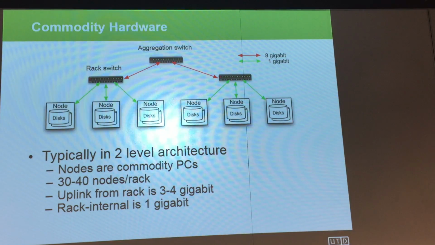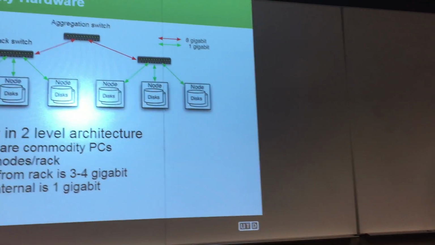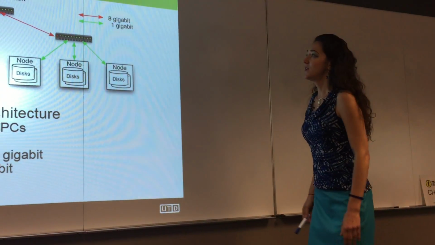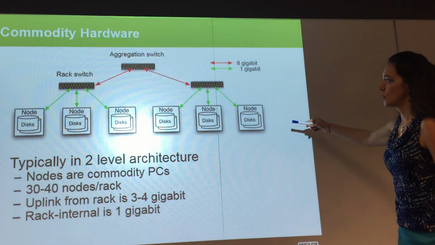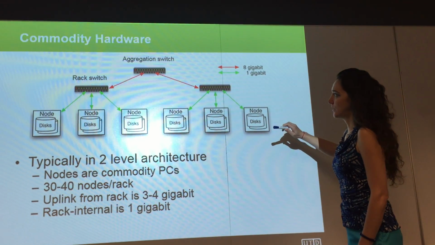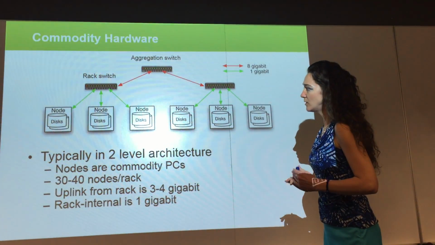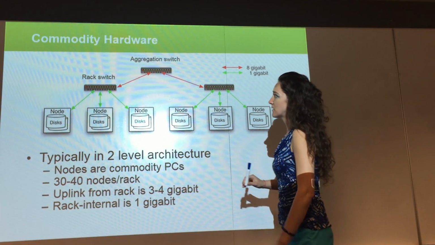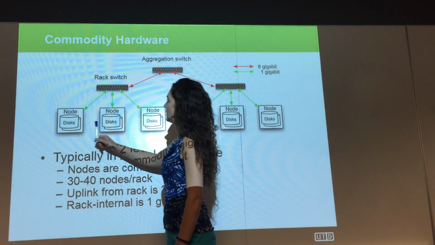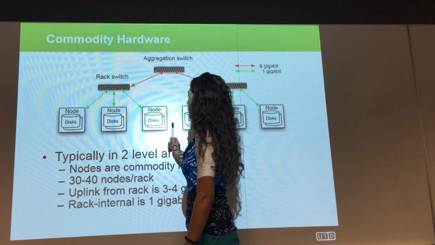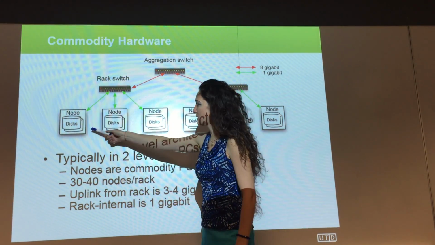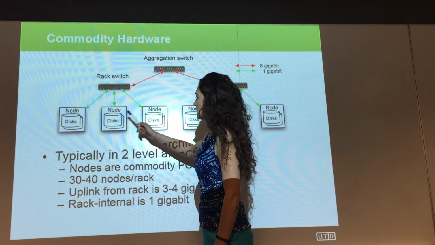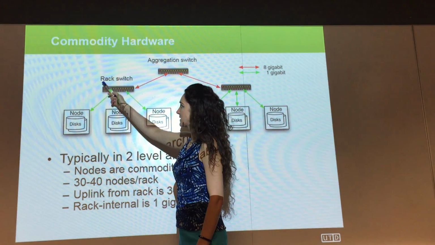We have seen this last time. That's just another picture of it. This is the architecture of this clustered environment. So there we have nodes. This is an individual machine, and that has a CPU, memory, and a disk, and there is a number of them organized in a rack.